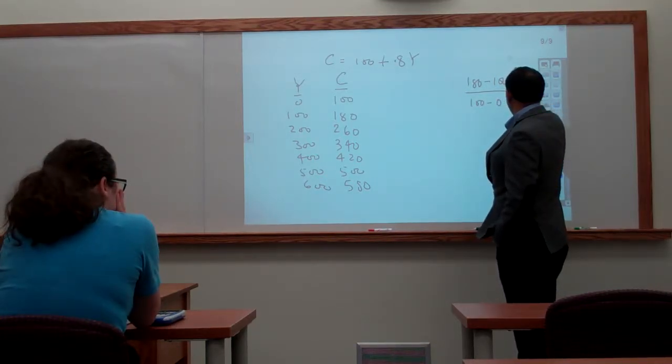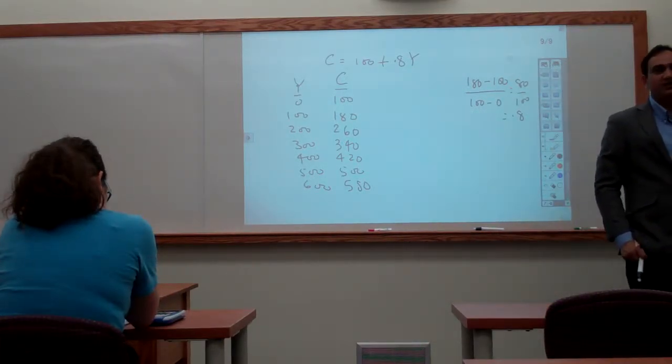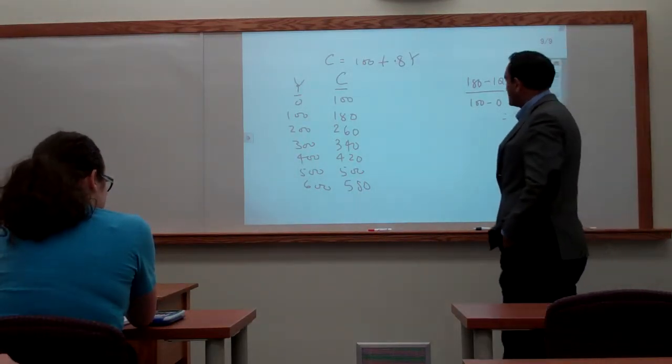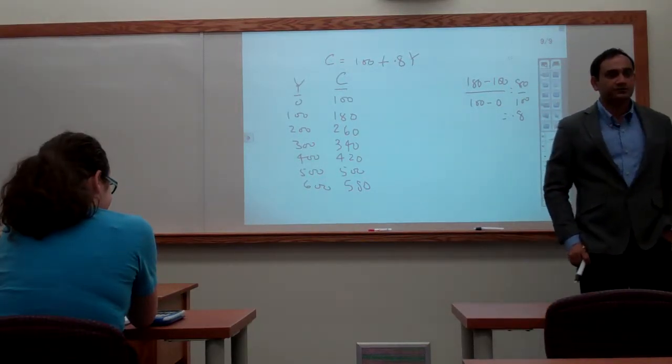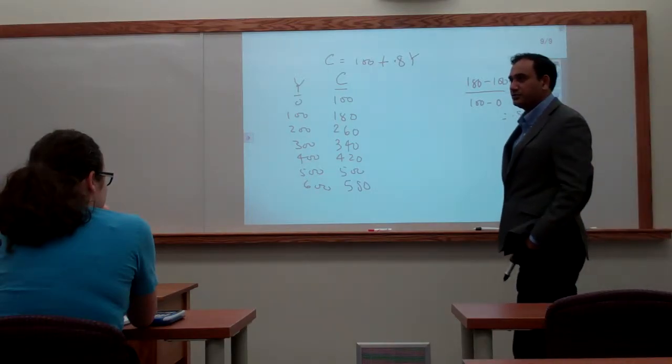So 80 over 100, 0.8. So you are able to calculate the marginal propensity to consume, even if I did not give you the equation. Is that fine with everybody so far? Okay. If something is not clear, let me know. I can go back. I have plenty of time.